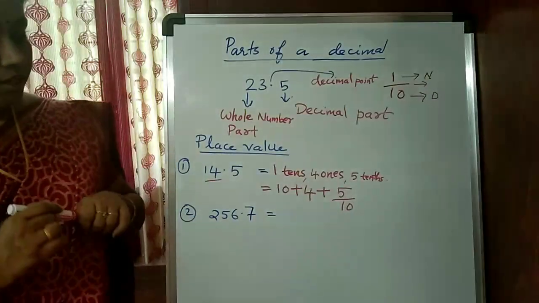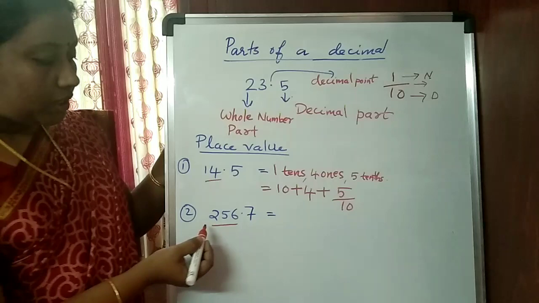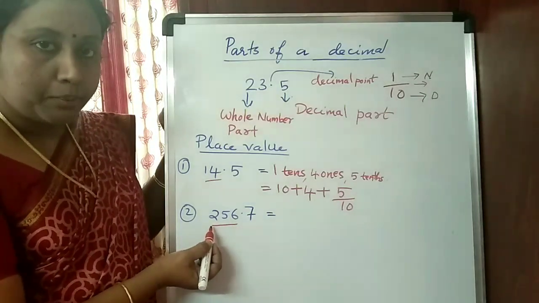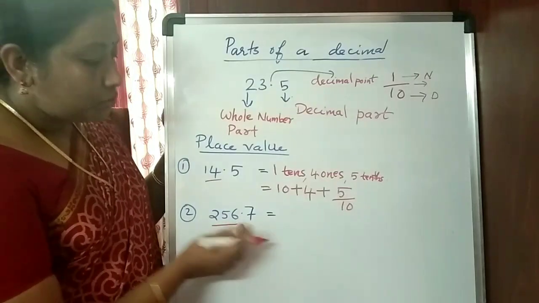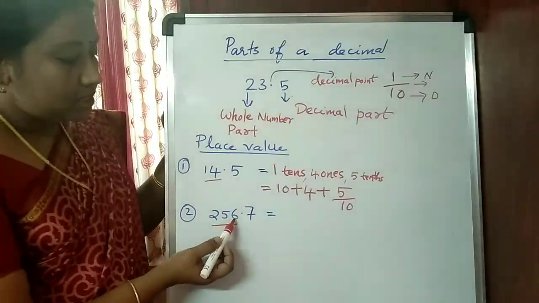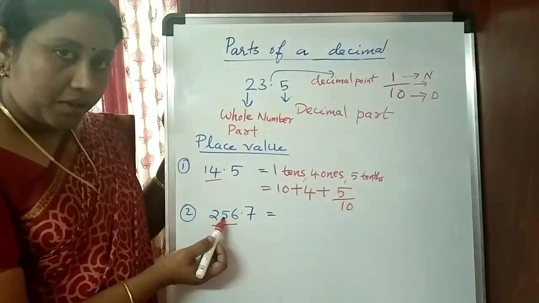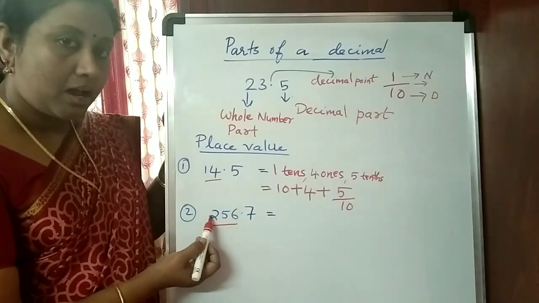Then your next question, what is the expanded form of this number? This is the whole number part, 256. In 256, what is the place value of 6? 6 ones, 5 tens and 2 hundreds.